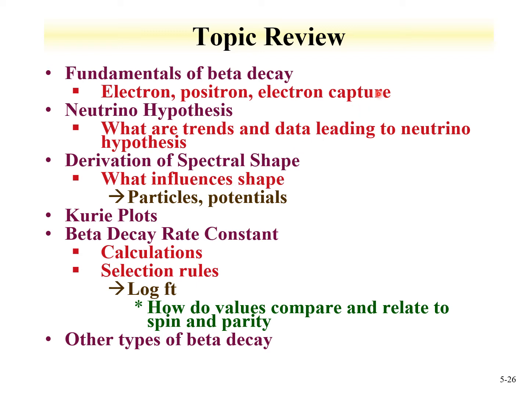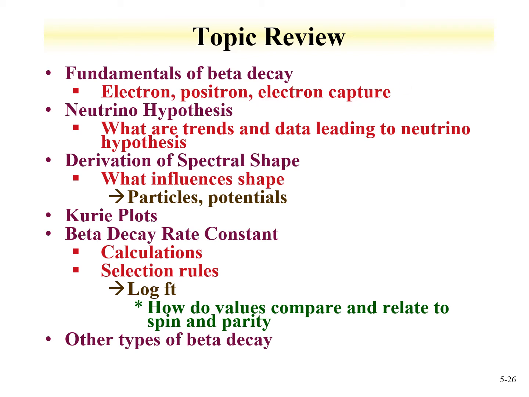You should be able to describe the fundamentals of beta decay, either beta minus, beta plus, or electron capture, and how each decay changes the neutron or proton properties in a nucleus. Remember, for beta decay, the total number of neutrons and protons remain the same, but with beta minus, a neutron is converted into a proton, and for positron decay and electron capture, an excess proton is converted into a neutron.